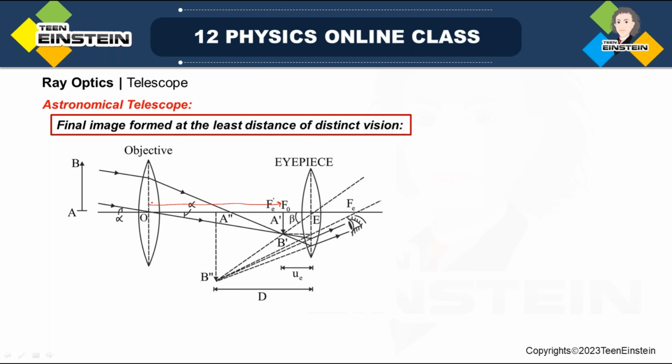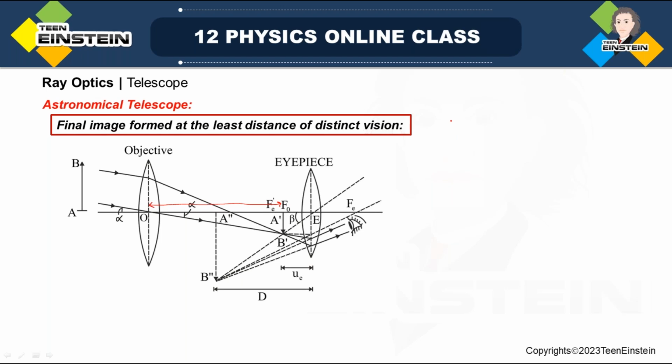You can see this is the large focal length of the objective. So the image of the distant object is formed by the objective in its focal plane, but this, as you see here, is real.